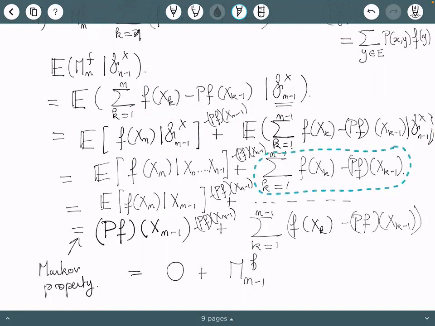It is the same as the random variable itself. But in the first two terms, this f of xn is not F_{n-1}^X measurable, so I cannot erase the conditional expectation. But for this guy, I use the Markov property, and then I get exactly the same term. Then I subtract it here. So it gives 0, and you have a martingale.